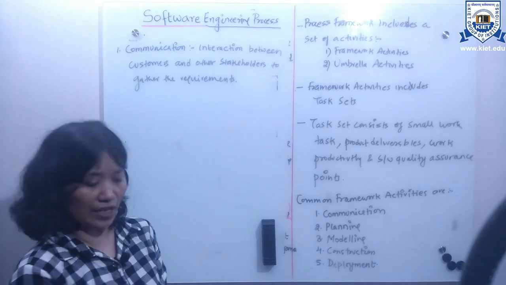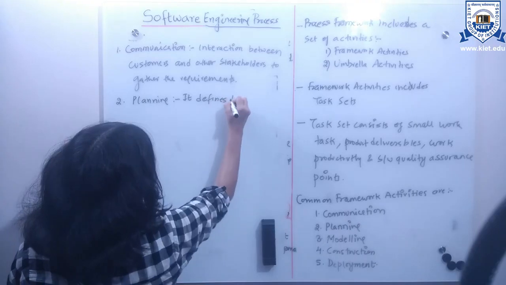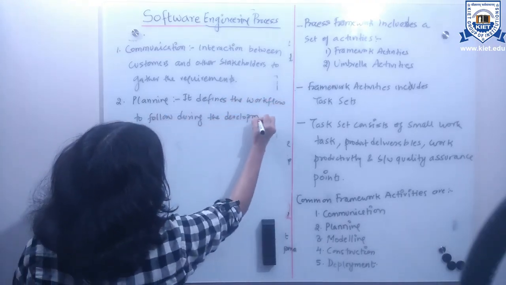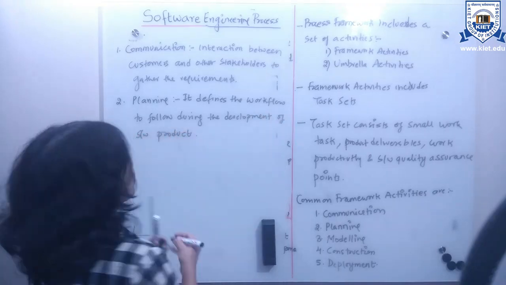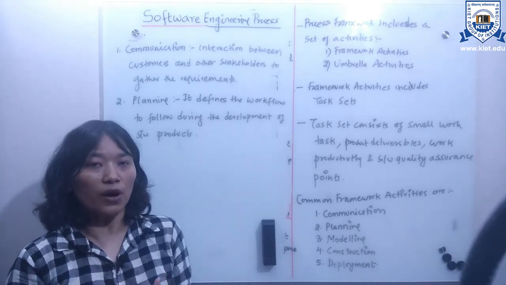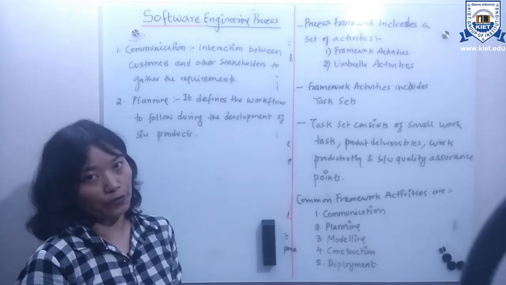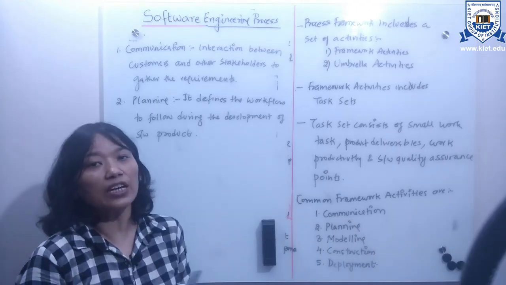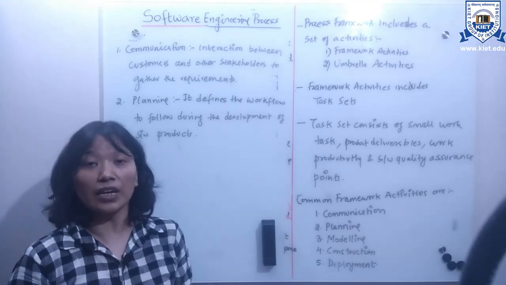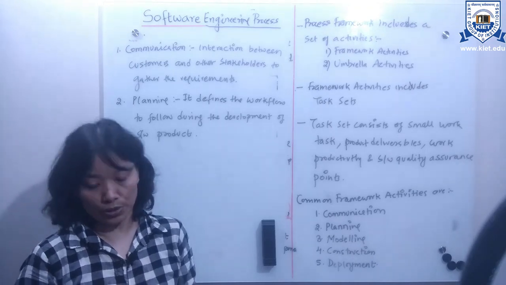The second activity is planning. Under the planning activity, planning defines a workflow to follow during the development of the software product. It includes several work tasks, risks, required resources, and a work schedule also.